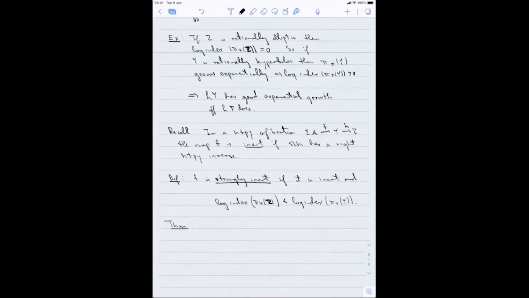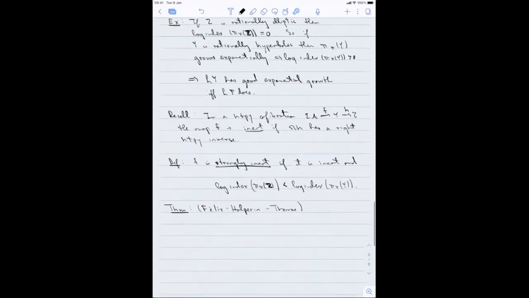Now here's the theorem again of Felix, Halpern, and Thomas, slightly paraphrased.